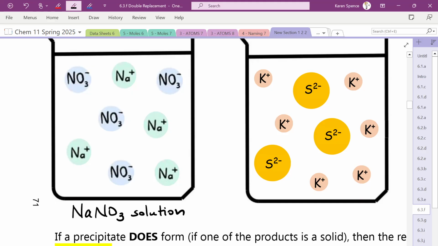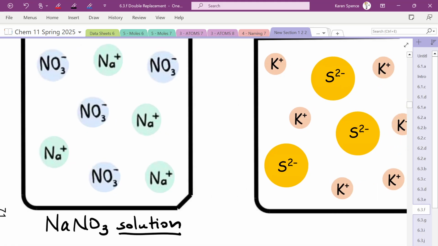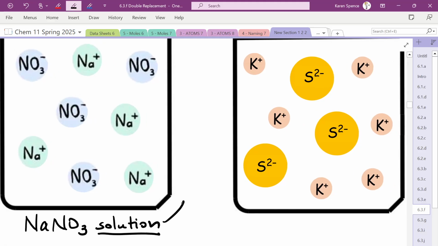And you'll notice that in the solution, the ions are separate. Okay, and over here we have a K2S solution, and you'll notice that the ions are separate.